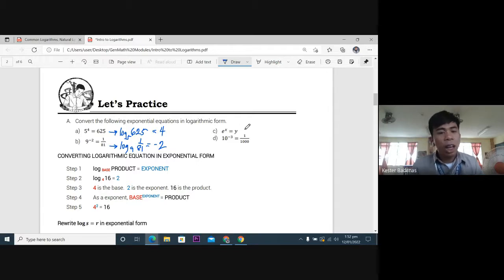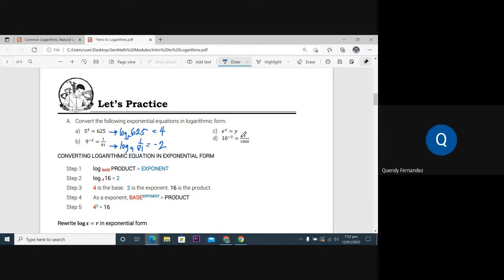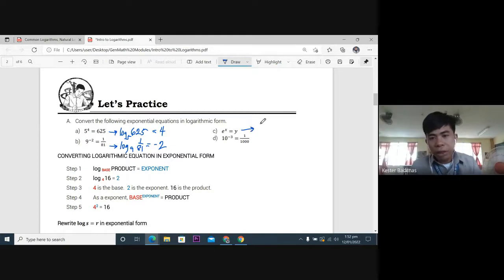How about letter C? Sige, Wendy. Ln of y equals x. Okay, very good. That's ln of y is equal to x. So, paano siya naging ln? Sulat muna natin siya, yung log lang muna. Erase ko muna para step by step tayo.